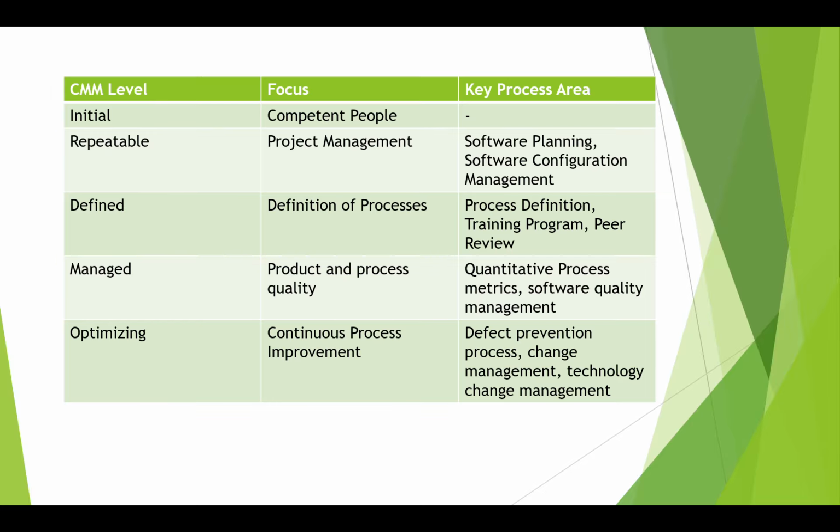You can just take a screenshot of this or note it down with pen and paper. It shows the focus of each level in the CMM and their key process areas. As you can see, there is no KPA for the initial level, so you can skip that part. Next, you can just remember some names. This type of question can occur in MCQ form, so you have to remember this. It's a theory concept you have to remember.